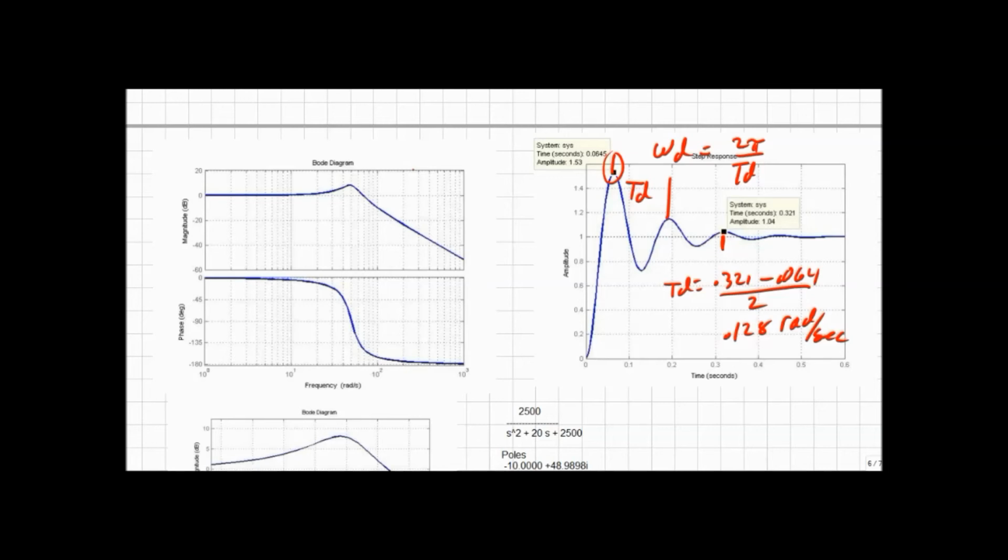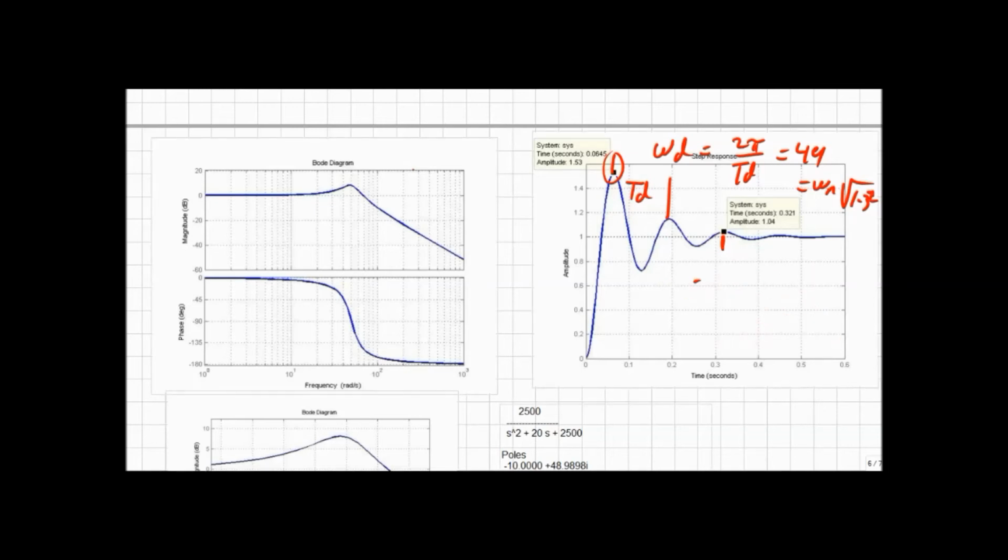And given that, I come up with an omega damped equal to 49 radians per second, and that's a little less than the 50, because it's equal to omega n times the square root of 1 minus zeta squared.